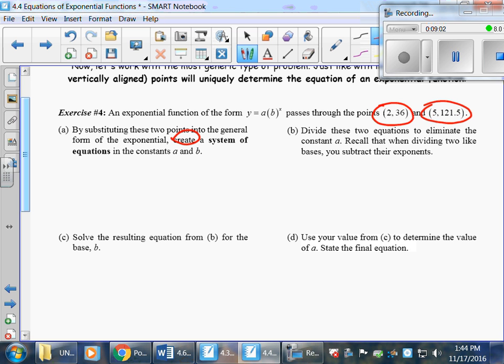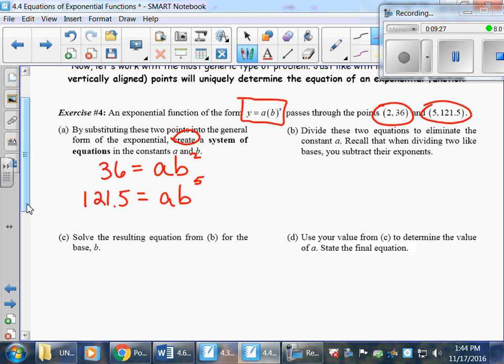So here's the general form. I'm going to start with one of our points. Let's use 2, 36. So 36 is equal to a times b to the 2nd power. And the second one is 121.5 is equal to a times b to the 5th power.